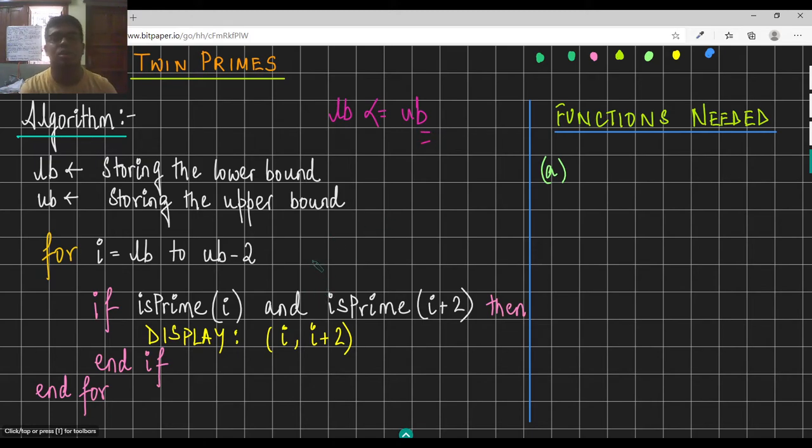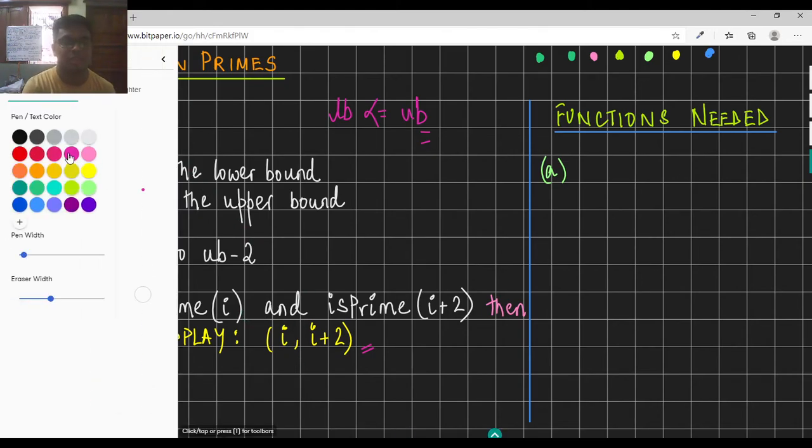All right. So we're going to generate numbers from LB to UB minus 2. The reason we discussed just now, right? We're going to check if i and i plus 2 are both prime. If they are, we display the twin prime pair. Otherwise, the loop continues. A very simple algorithm, right?